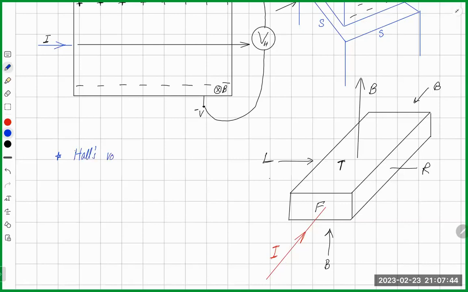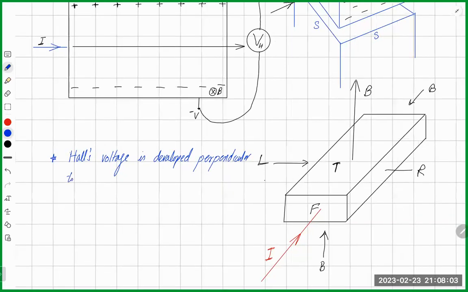Hall's voltage is developed perpendicular to the magnetic flux density as well as to the direction of current.